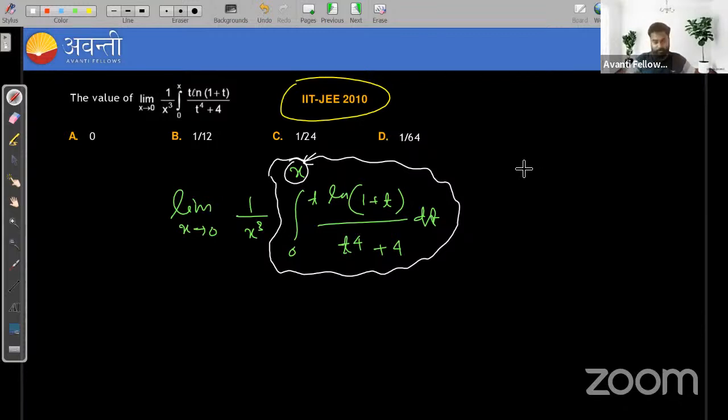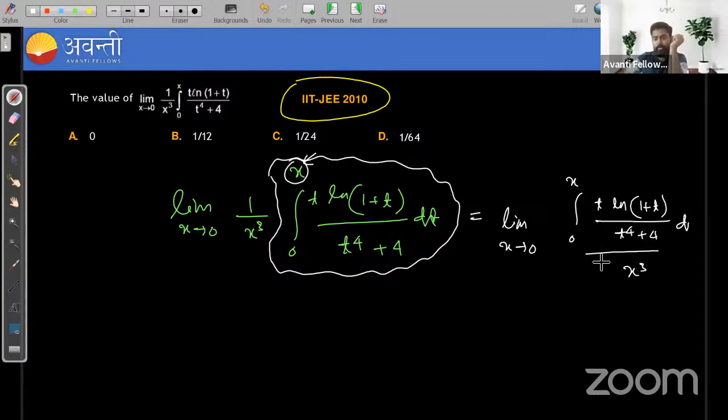Let's see. If we use the Leibniz theorem directly here, can we write this as limit x tends to 0 of the integration from 0 to x of t ln of 1 plus t divided by t to the power 4 plus 4, all by x cube, dt, because x cube is present here?